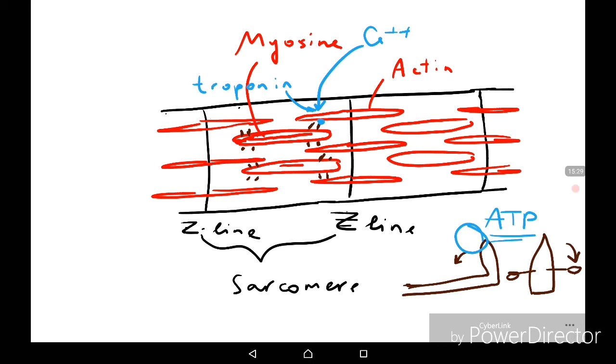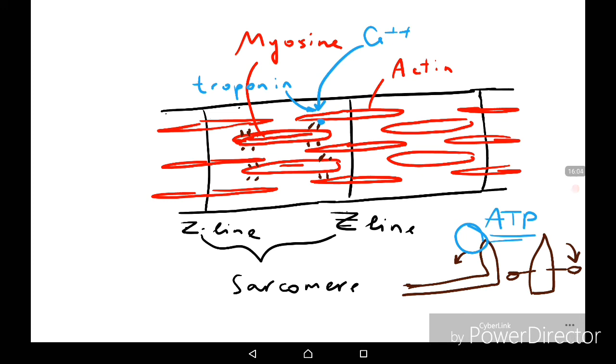So on the myosin head there is ATP, and this ATP is broken by the ATPase, and the angle of the myosin head changes, and at that moment the filaments slide. So we call this concept the sliding filaments theory, that explains the shortening of the sarcomere and of the muscle fiber as a whole.